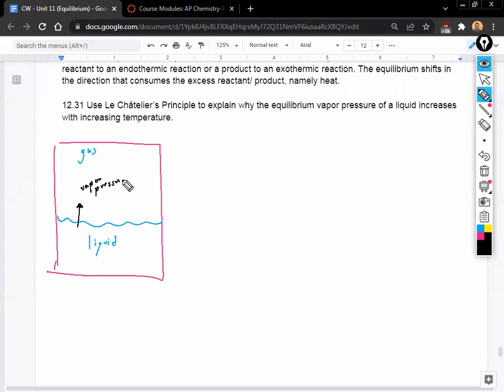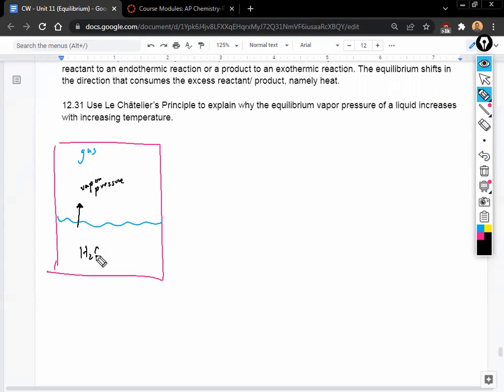So the vapor pressure is the pressure that is created by a liquid becoming a vapor inside of a closed system. This is an equilibrium because the liquid molecules turn into gas. Let's say, for example, we have H2O here.